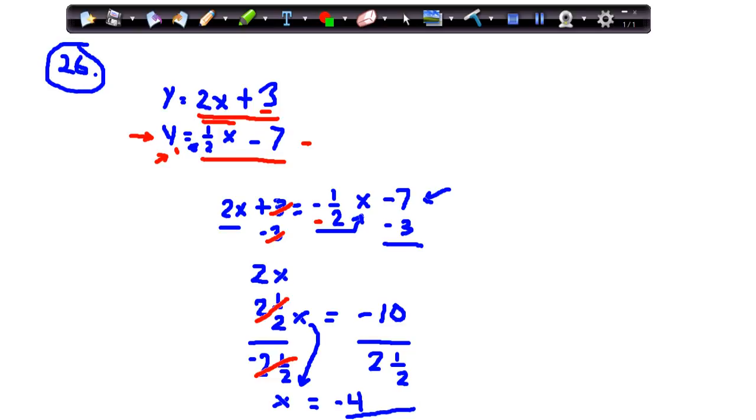Now that we know what the value of x is, we're going to plug it into the first equation. The first equation is y equals 2x plus 3. So now let's go back up, write that equation out, and then write the value of x instead of the x, which we know is -4. Okay, so let's do it.